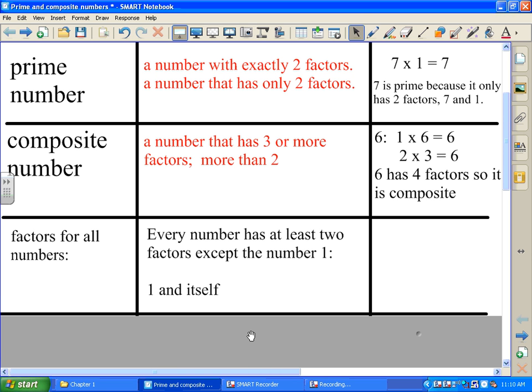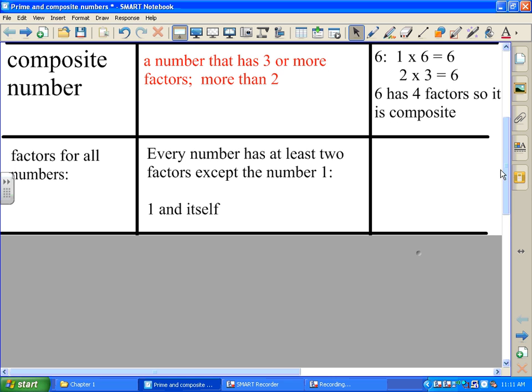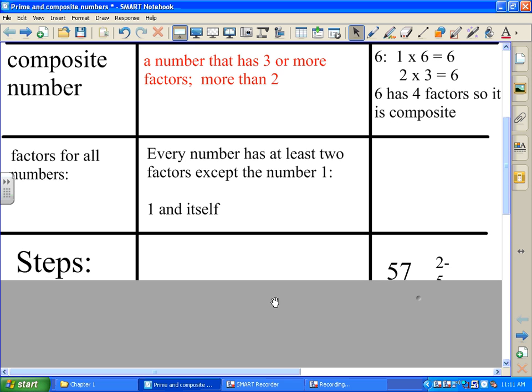All right, so I'm first going to teach you the steps that you're going to have to follow in order to determine if a number is going to be prime or composite. So if you would write steps. Write steps. Okay.